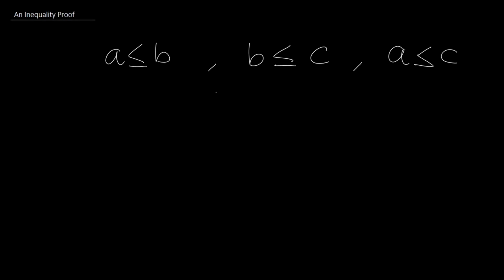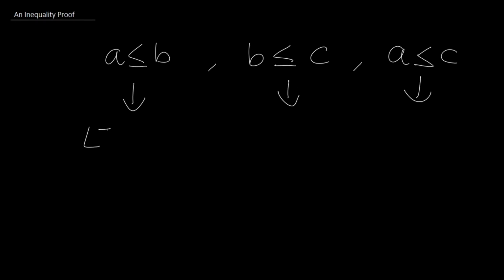So what are the mathematical statements that we're dealing with, right? We're dealing with A being less than B, and we are also dealing with B being less than C, and also A being less than C. So these are the three statements that we'll be dealing with, and it's easy to convert them into symbols.